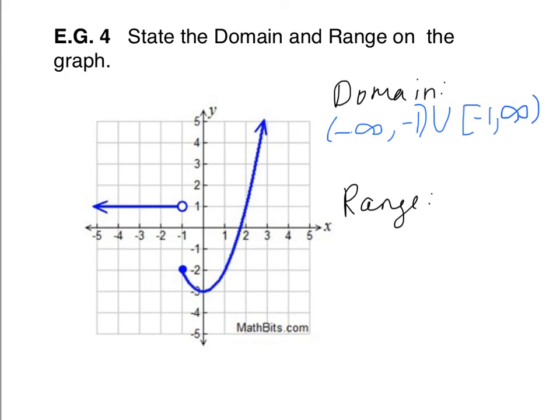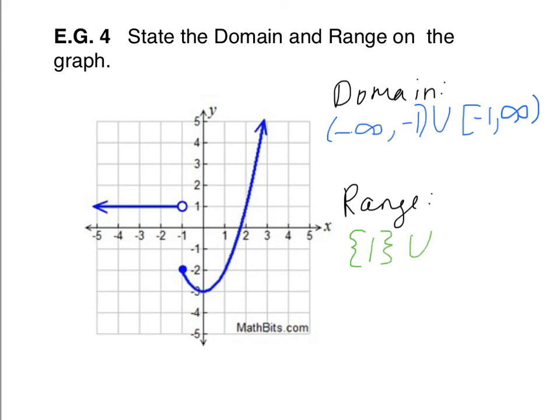Now looking at the range, again looking at the graph left to right, the first piece of the graph is stuck on the same y value of +1. It's kind of like a constant. So when you write that piece of the interval, you can only write it as a set, {1}, a closed set, because it's not a range of numbers this time.